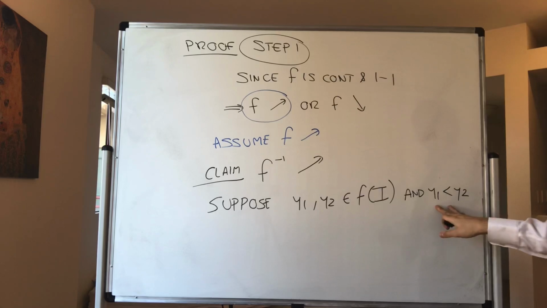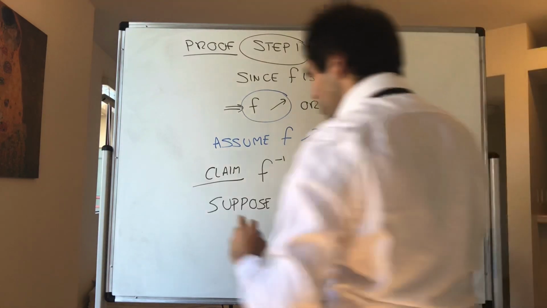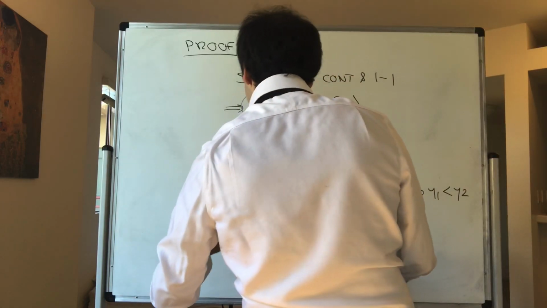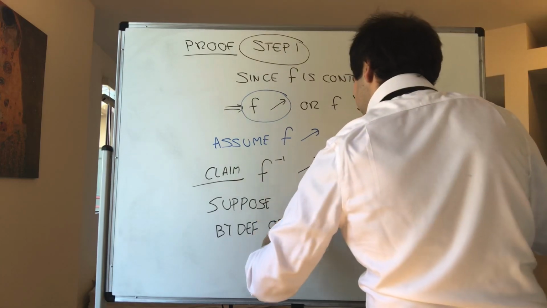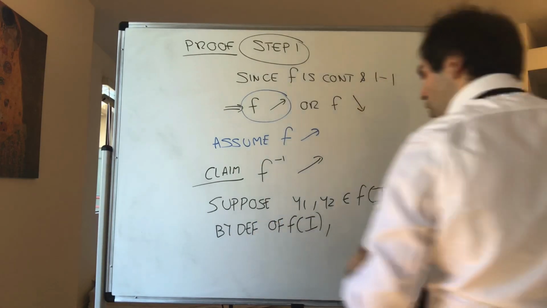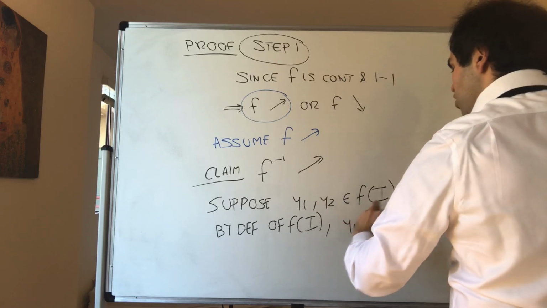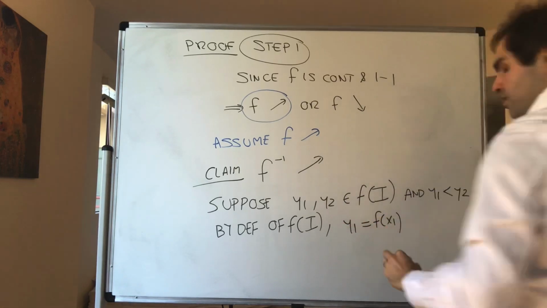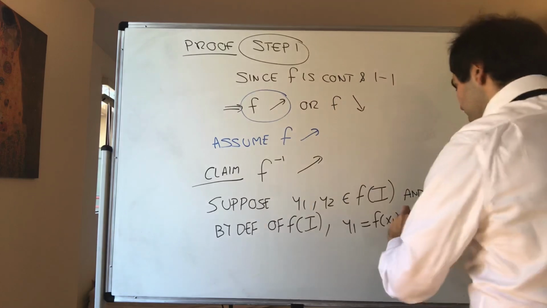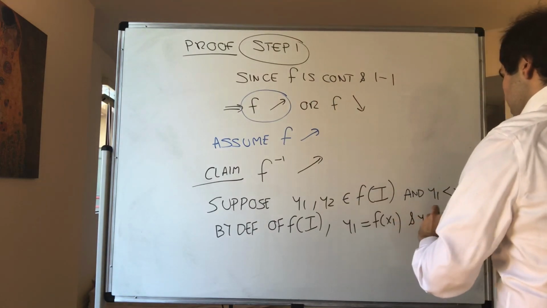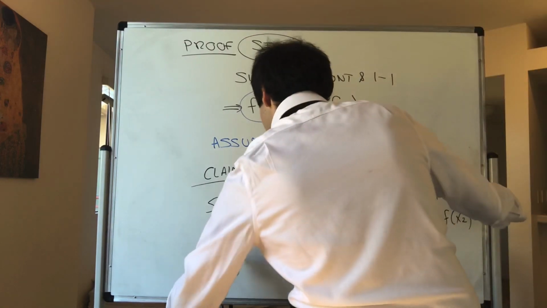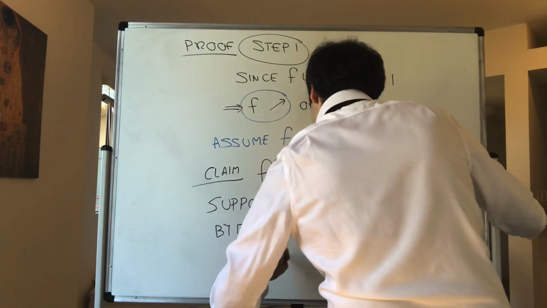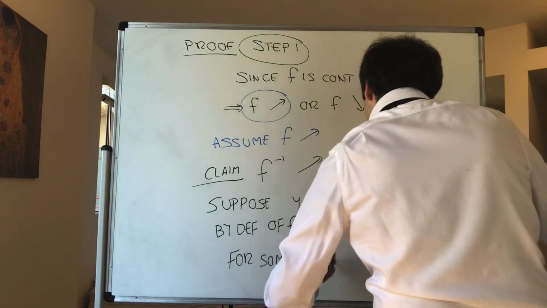What we want to show is that f inverse of y1 is less than f inverse of y2. By definition of f of I, y1 is of the form f of something, and y2 is of the form f of something else, for some x1 and x2 in the interval.